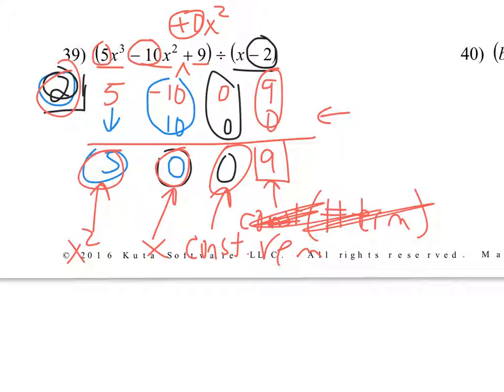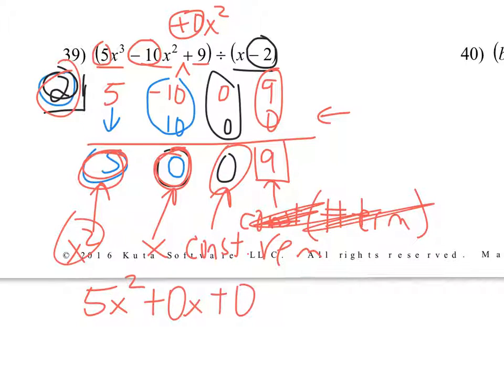Now, how do you write your answer? We go 5x squared, plus 0x, and we'll talk about not really having to write these terms, plus my constant of 0, and then the remainder, which is a positive 9, so plus 9.